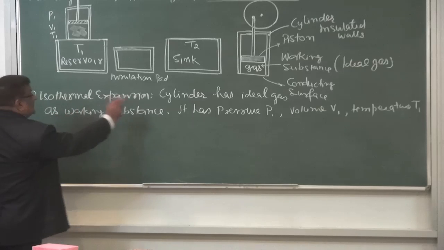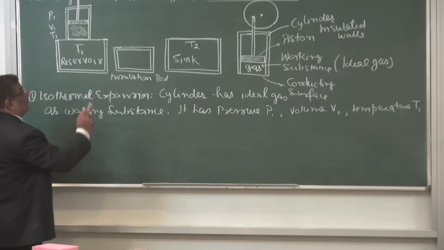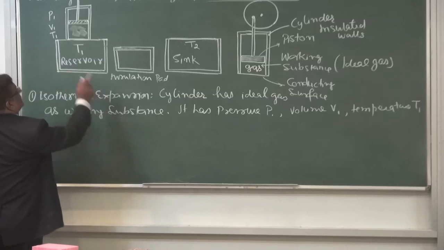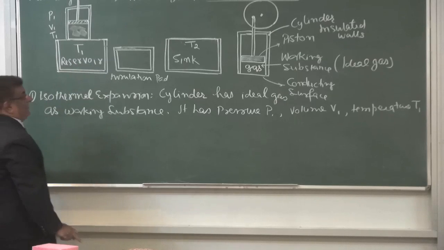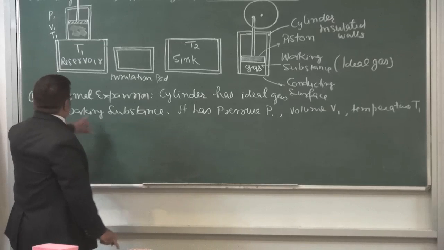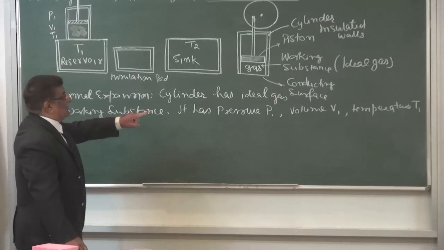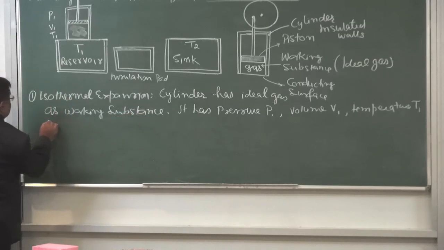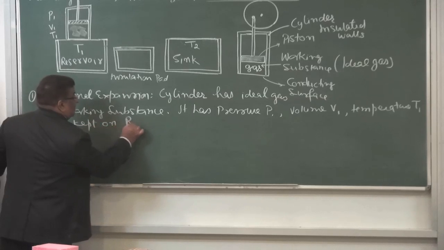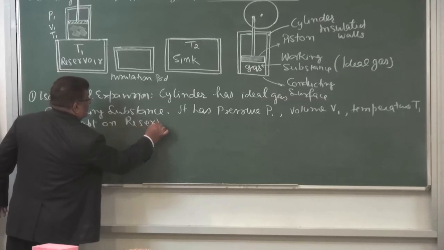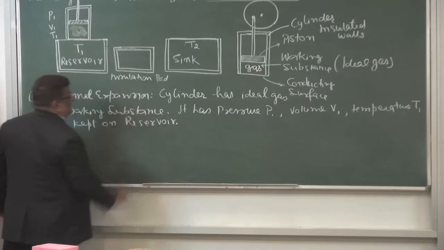So this is the first thing where the step is taking place. So it is taking place on a reservoir. Cylinder has ideal gas as working substance. It has pressure P1. It is kept on the reservoir.